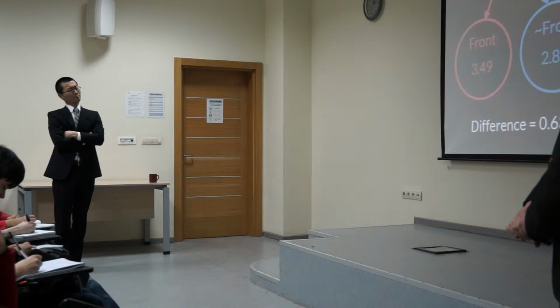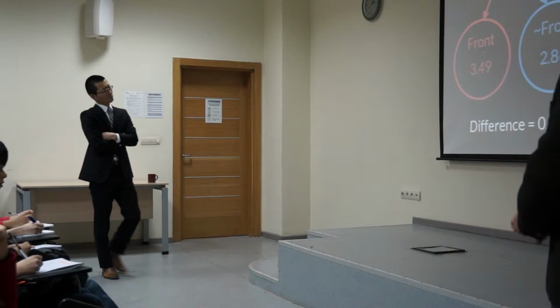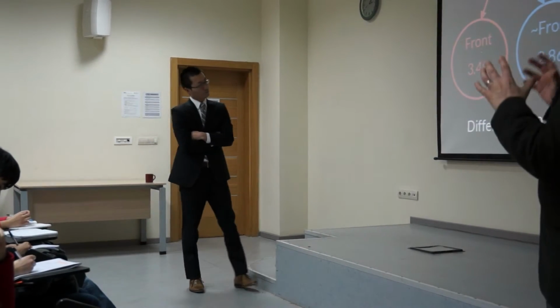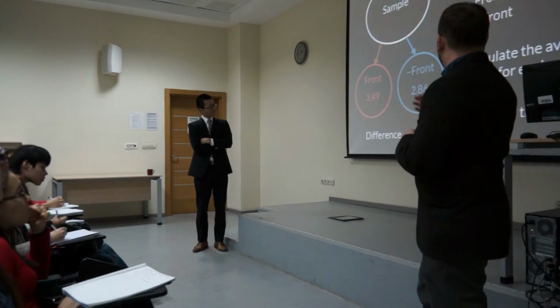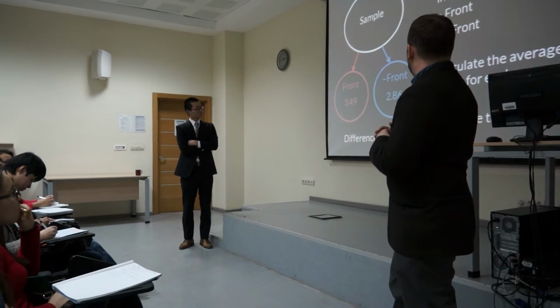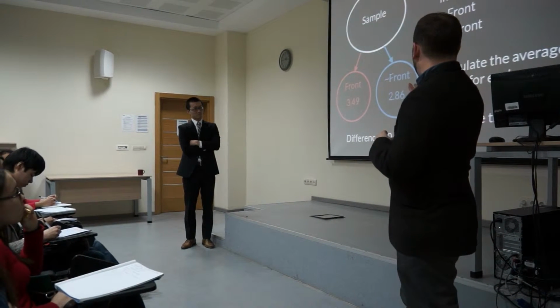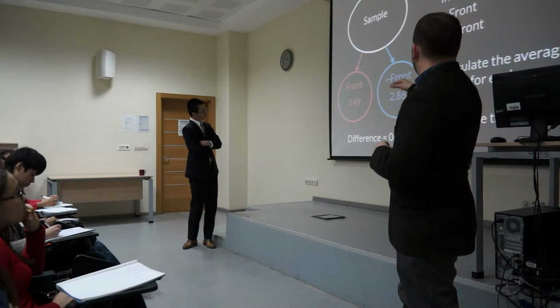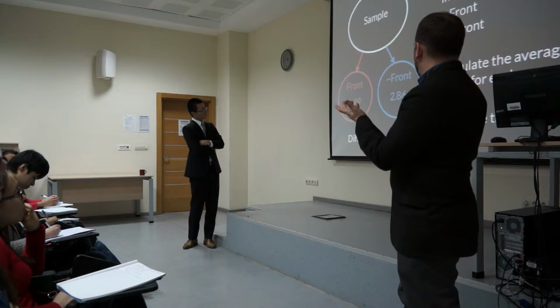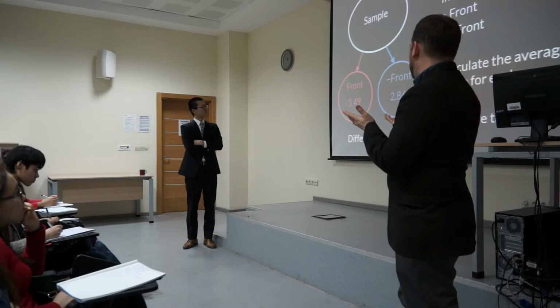Well, the thing that I'm wondering though is, we just have 30 people, and we see a number that's 0.63, but if we rounded both of those numbers, they would maybe both round to 3.